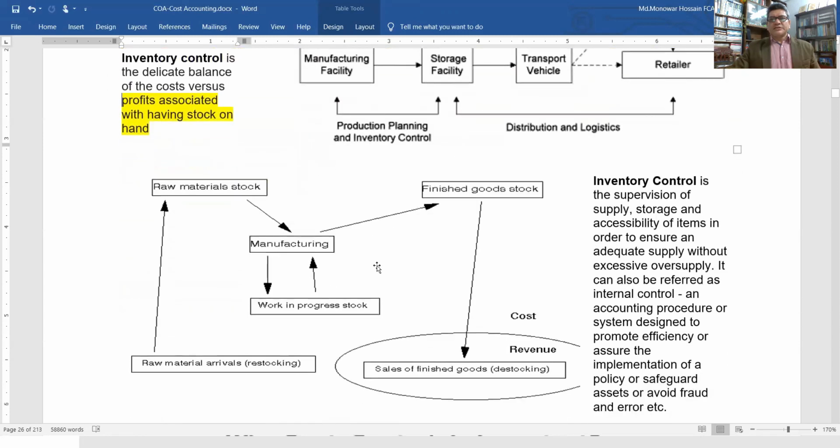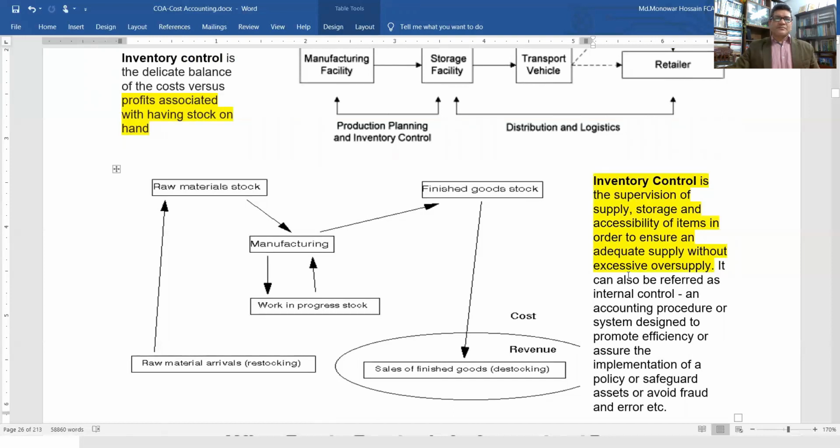So here, inventory control is the supervision of supply, storage, and accessibility of items in order to ensure an adequate supply without excessive oversupply, because if there is oversupply, it will increase the working capital.